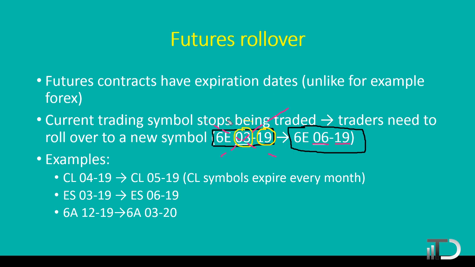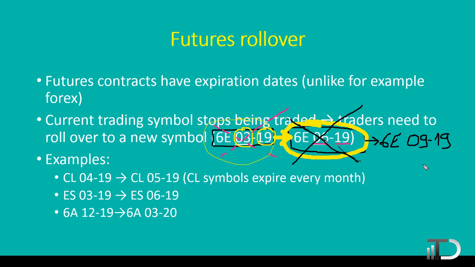This means that this contract is being traded 3 months, then you roll over to this one, which will again be traded 3 months, and after that this one will also expire and traders will need to shift to this symbol, 6E09, which goes for September 2019. So this will be the next symbol for the next 3 months.